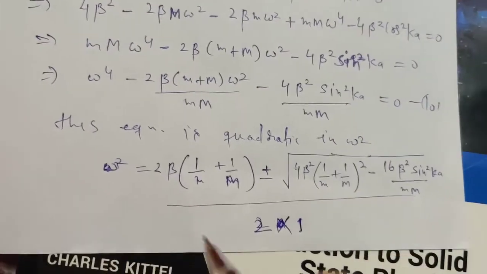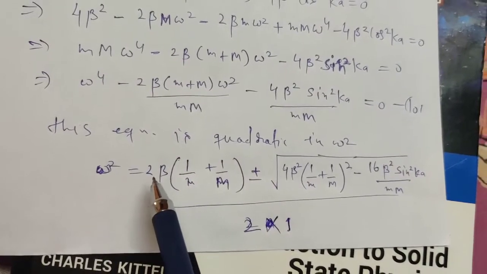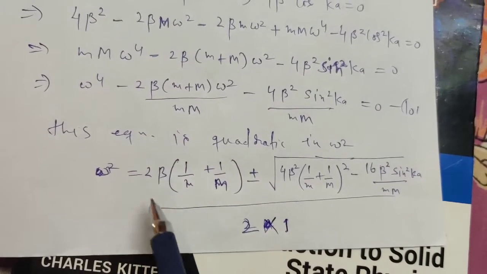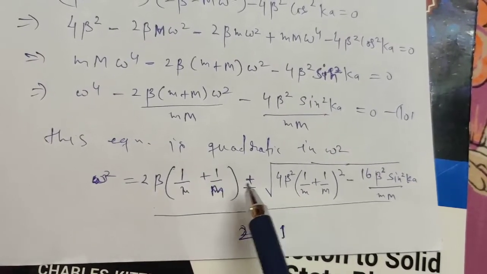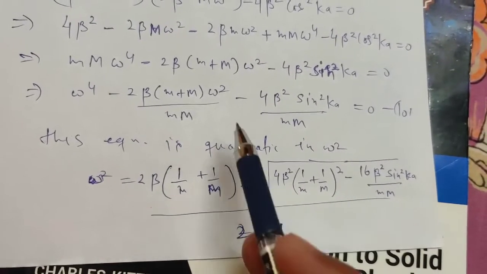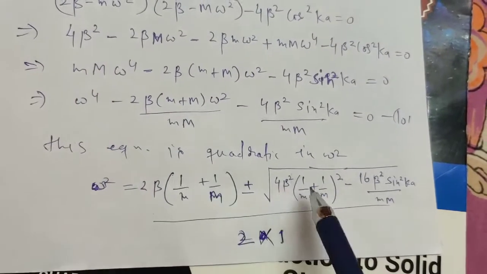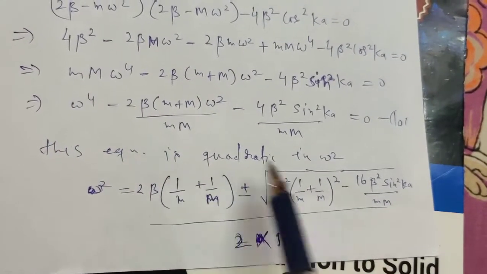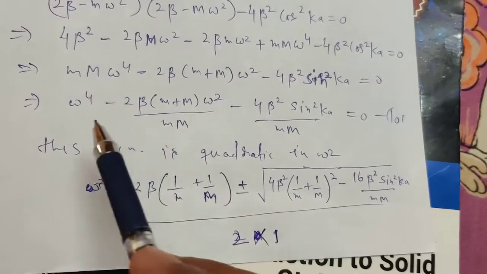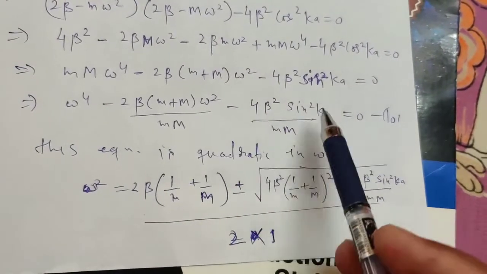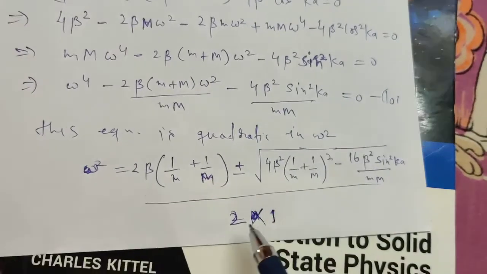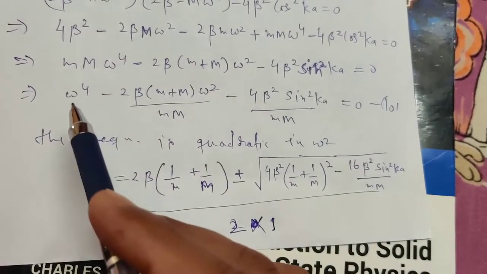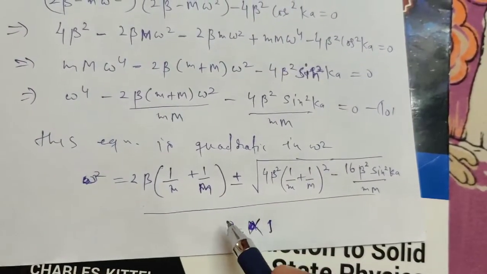Here the coefficient a is 1, and c is the constant term, so 4 into c, and divided by 2a, which is 2.